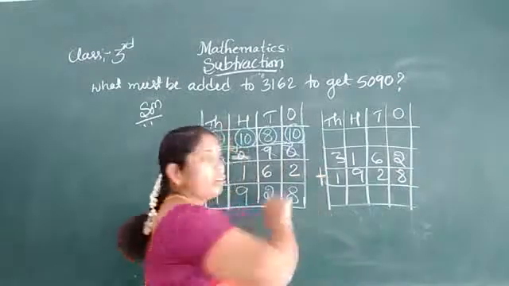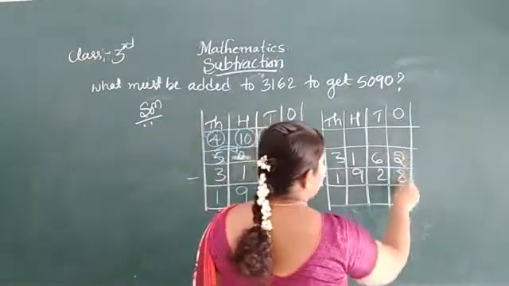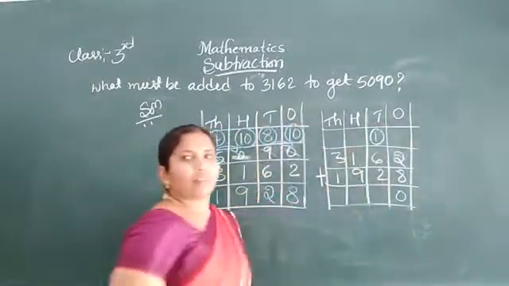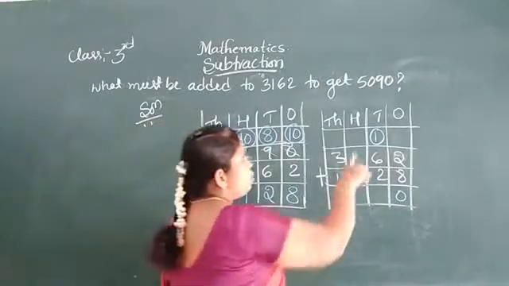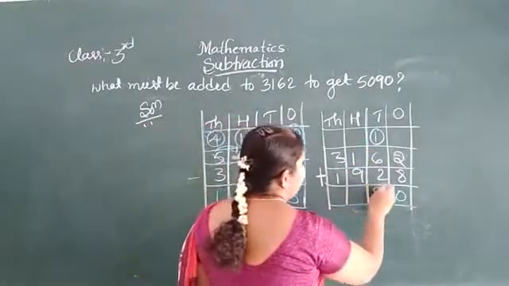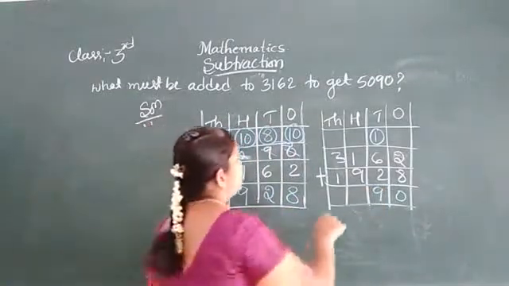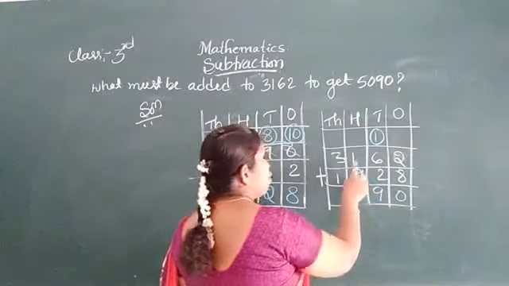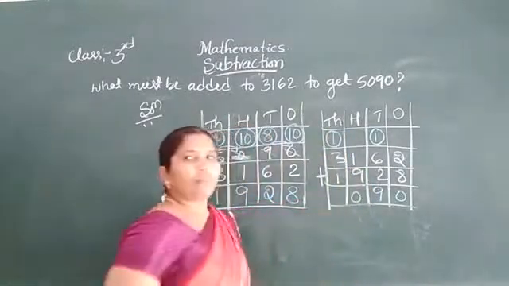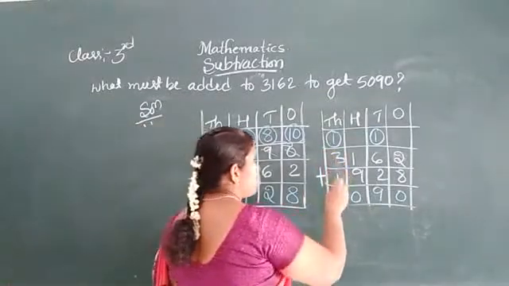Add these two numbers. 8 plus 2, 10, carry 1. 1 plus 6, 7. 7 plus 2, 9. 1 plus 9 equals 10, carry 1. 1 plus 2, 3... carry 1. 1 plus 3, 4. 4 plus 1, 5.